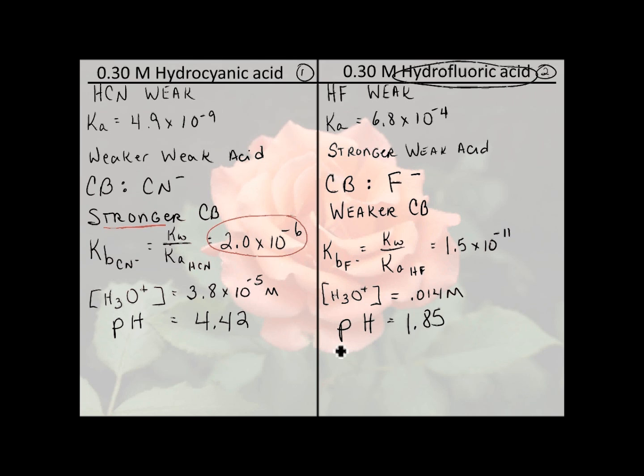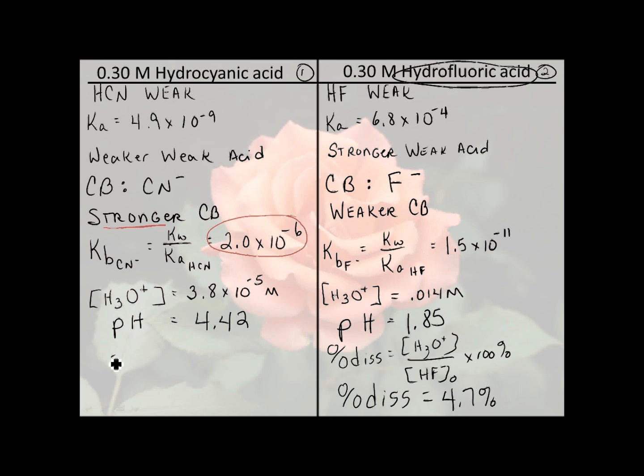Let's do it mathematically. Percent dissociation is the hydrogen ion concentration divided by initial concentration times 100. For the hydrofluoric acid, it's going to come out to be 4.7%.